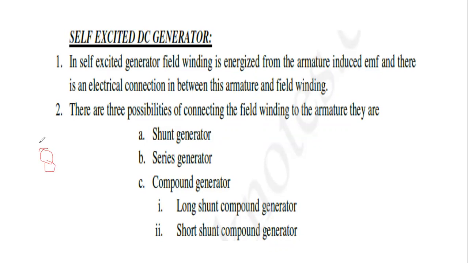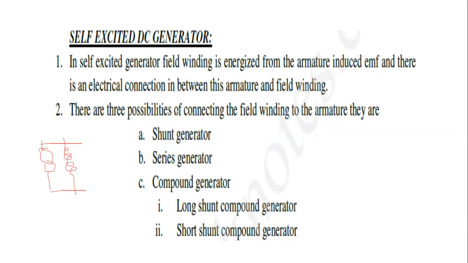This symbol is known as the armature and this is the field winding. In this generator the armature and the field winding are both electrically connected.